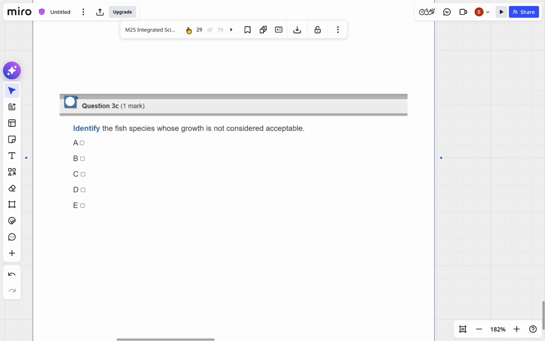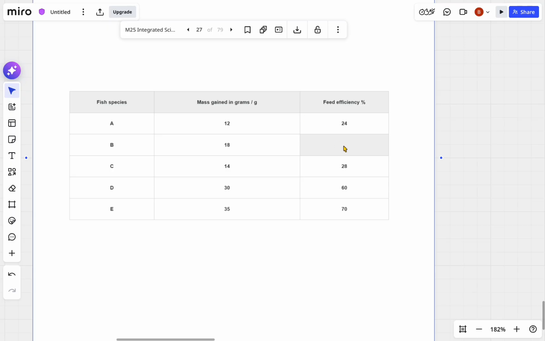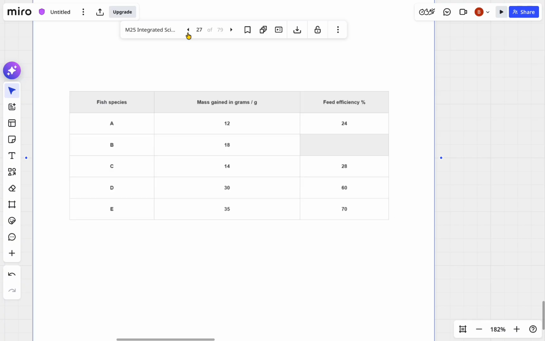Let's look at the table over here. This one is 36% as we've solved it before. So mass gain in grams, the feed efficiency. Let's look at what we're gonna plot over here. We're gonna plot the graph of feed efficiency. So let's keep our values 24, 36, 28, 60 and 70.